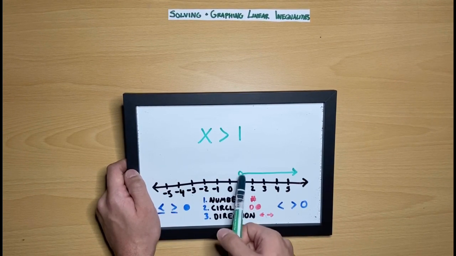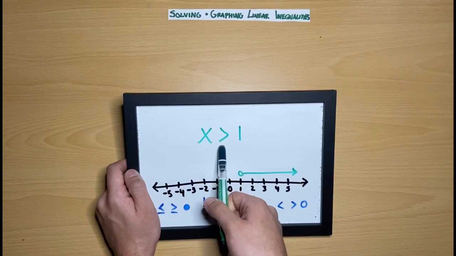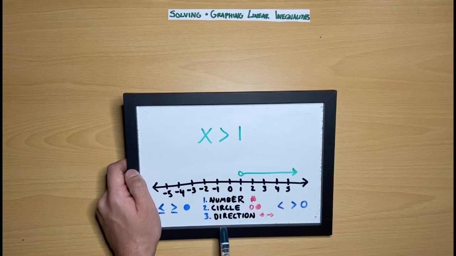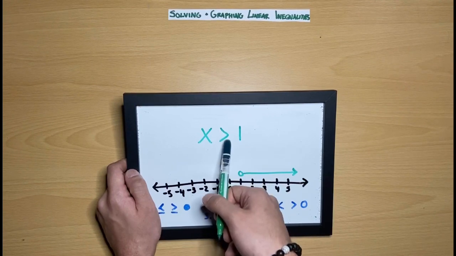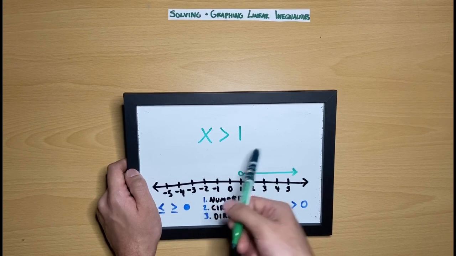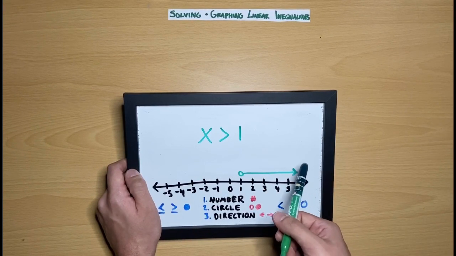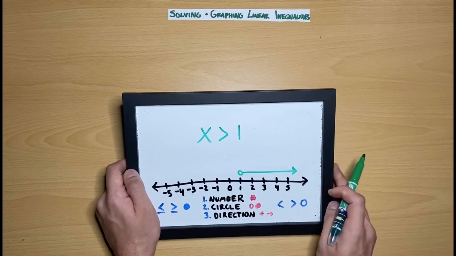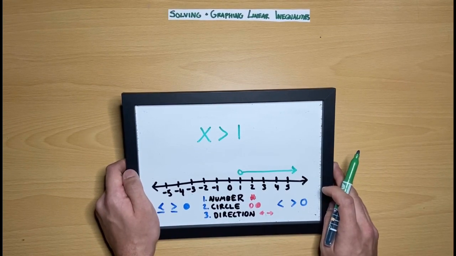We do an open circle because this has no line underneath it. It's not equal to. And then the direction. X is greater than 1, so everything to the right of 1 is bigger than 1. So we draw it that way, and we know we have the correct answer.